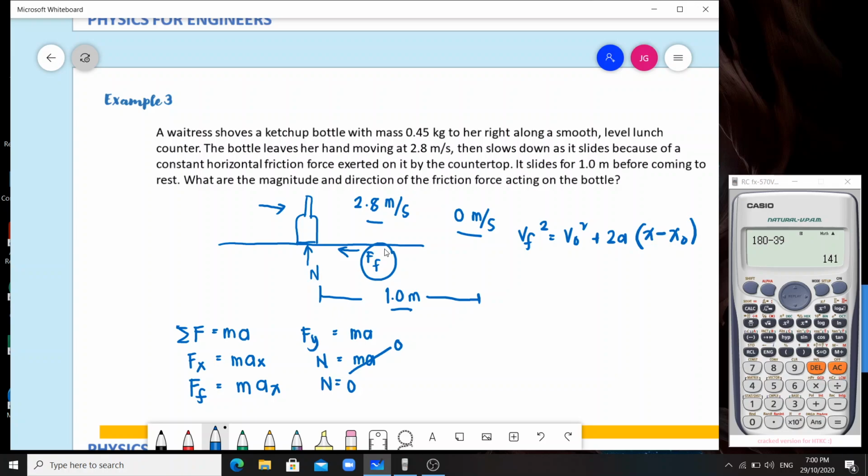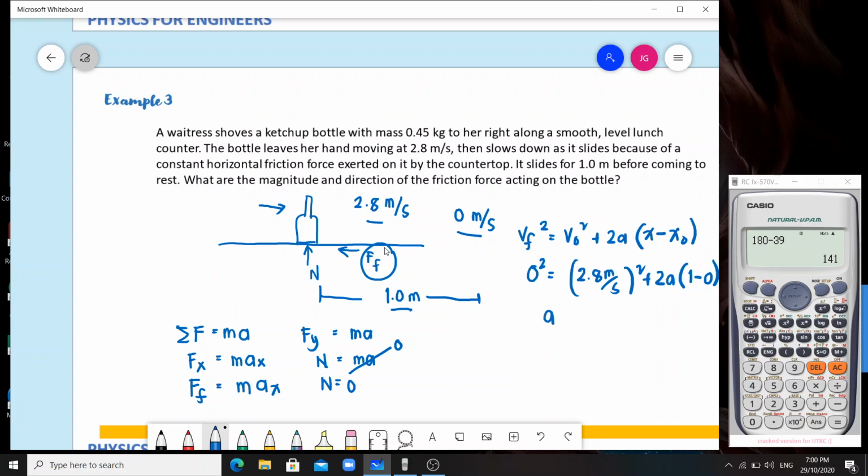And Vf squared here is 0, okay? And the initial velocity would be 2.8 meters per second squared plus 2a na hinahanap natin. And then, ang x final natin, sabi niya 1 meter. Okay? 1 meter from ang datum natin dito, malamang is 0 ang initial.